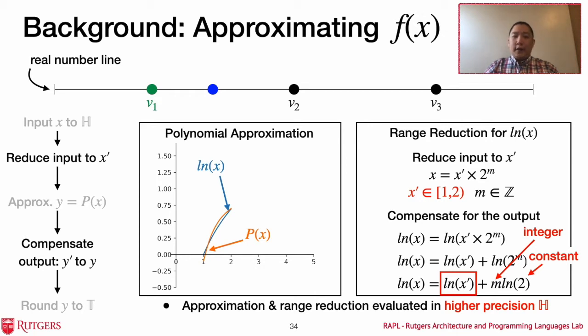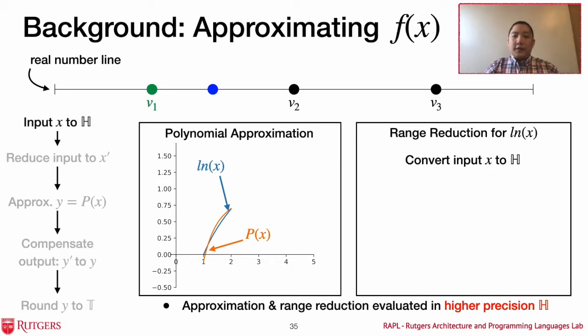Now let me do a recap and go through how a math library implementation of natural log of x might look like. First, when a math library function is given an input x, we convert the input to a higher precision representation h. Next, the math library performs range reduction on x and extracts x prime, which is in a smaller domain.